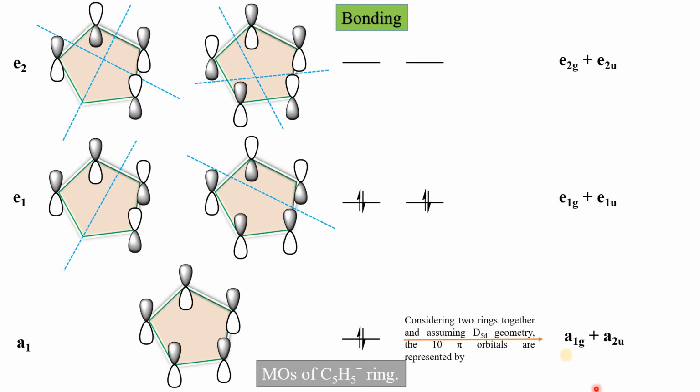The count should be 10. So A and B are singly degenerate, E are doubly degenerate, and T, sometimes also written as F, are triply degenerate. So 1 plus 1, 2, and 2, 4, 6, 8, and 10. So there are a total of 10 pi molecular orbitals of the two C5H5 minus rings.